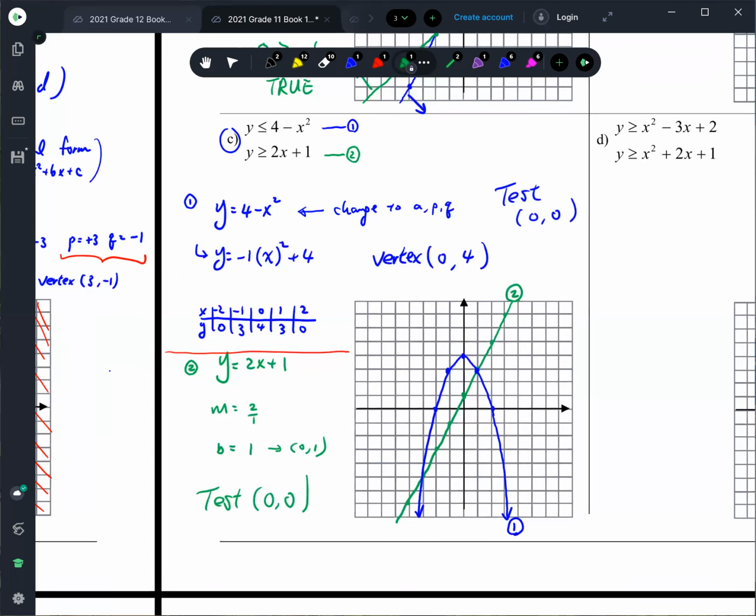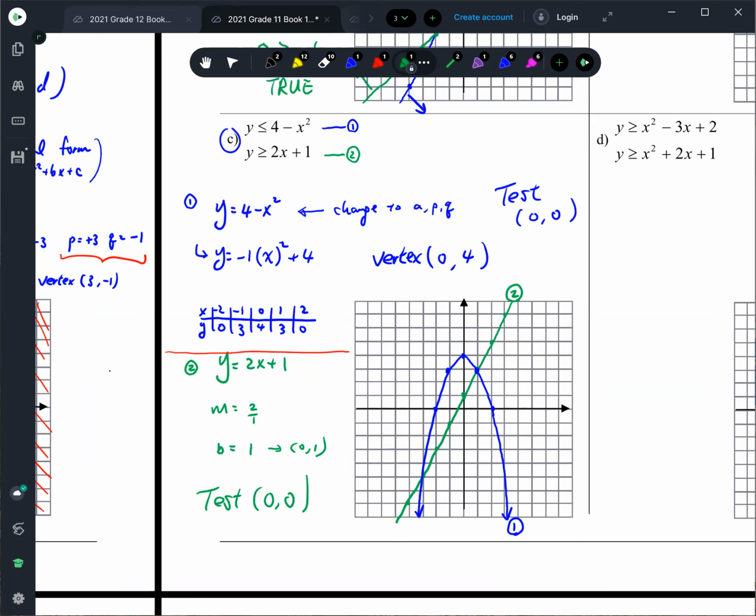Jason, I have a question. If you test 0, 0, then it doesn't make sense because for me, do you just plug everything into the y equals -1 bracket x squared plus 4? No, you plug it into the inequality, the one that has the inequality. You want to check if the less than, greater than is true or false, okay?